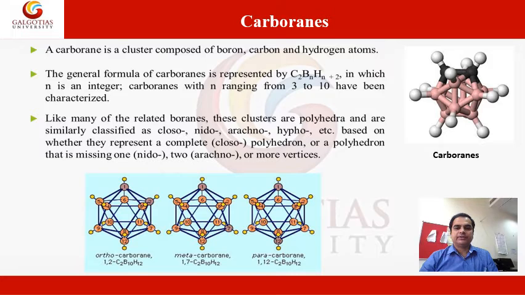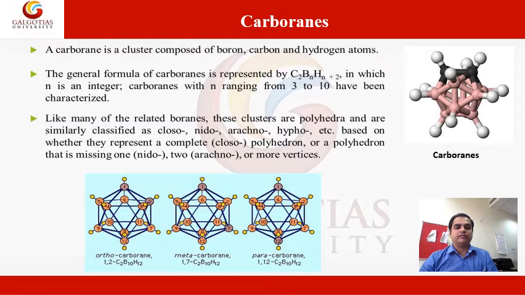Now come to carboranes, how we can define the carboranes. In the previous lectures we have discussed boranes, which are mainly composed of boron and hydrogen. Similarly, carborane is a cluster compound which is made up of boron, carbon, and hydrogen atoms.